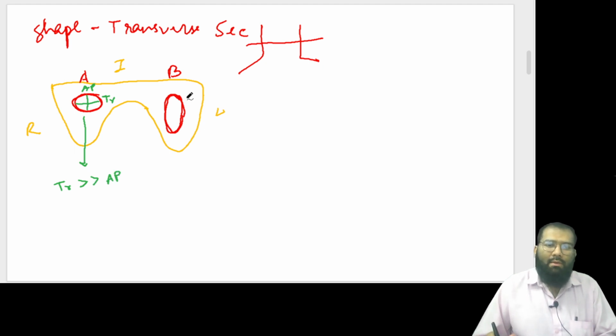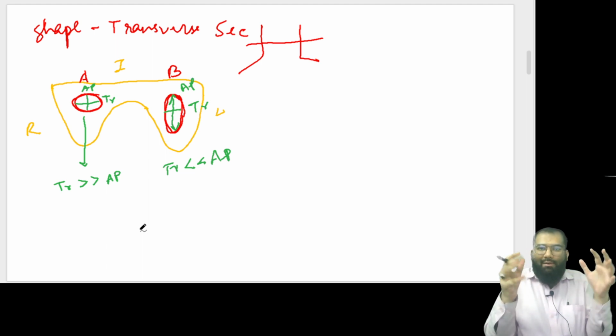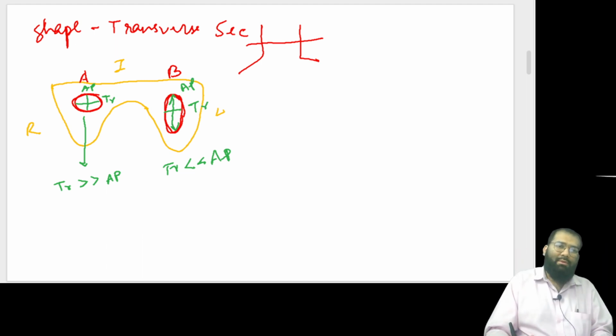Correct? Now, in lesion B, this is AP diameter and this is transverse diameter. Here in lesion B, transverse diameter is lesser as compared to AP diameter. So lesion A is wider, very important. So the term used is lesion A is wider than taller.